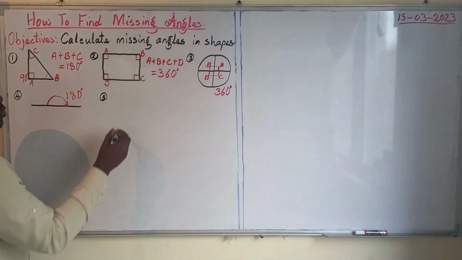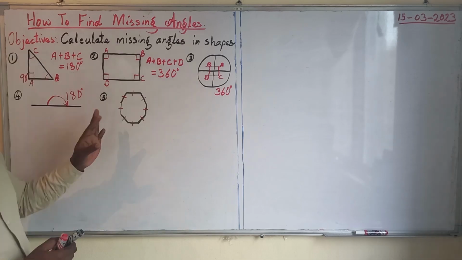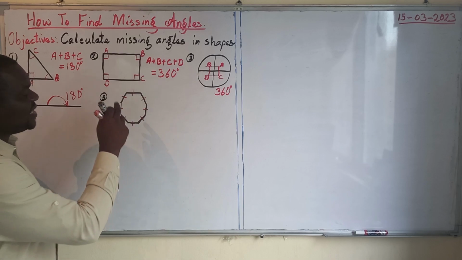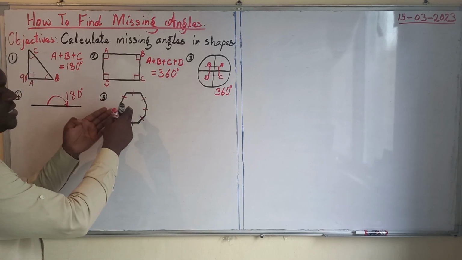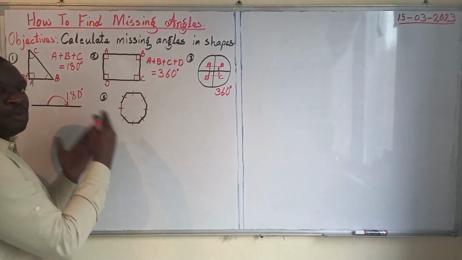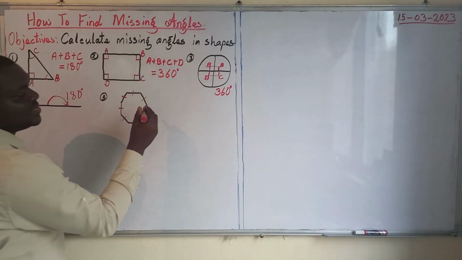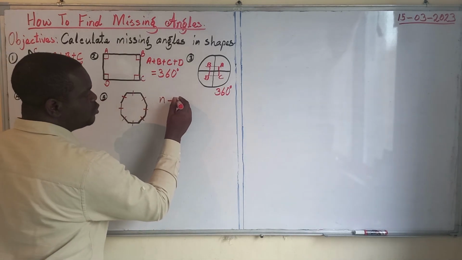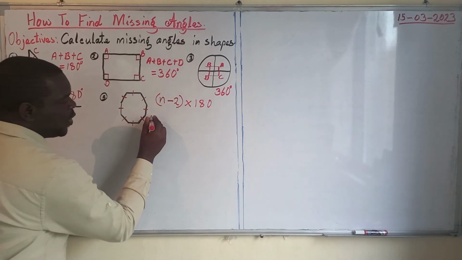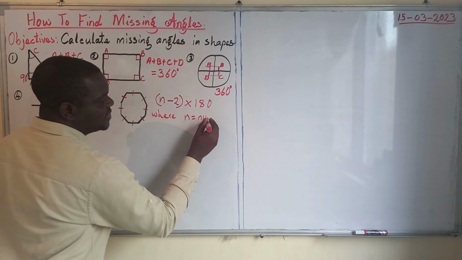The last one, we'll consider a shape with more angles. The red ink is just to indicate the number of sides that this shape has. This is a polygon. To determine the total angle in a polygon, depending on the number of sides, the formula is n minus 2 times 180, where n is equal to the number of sides.